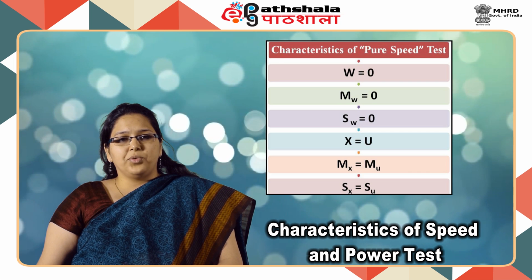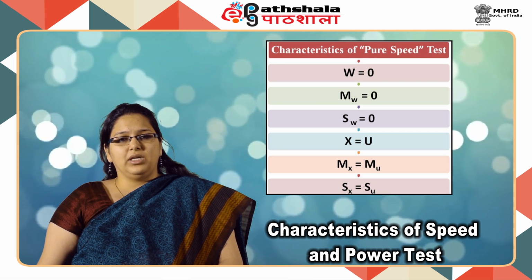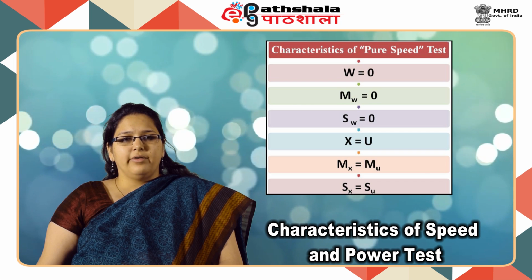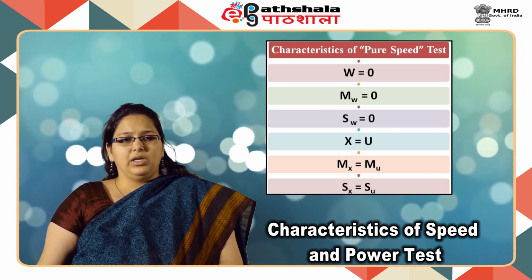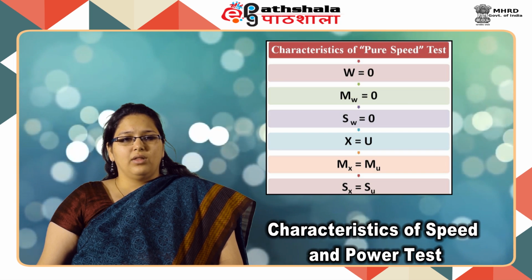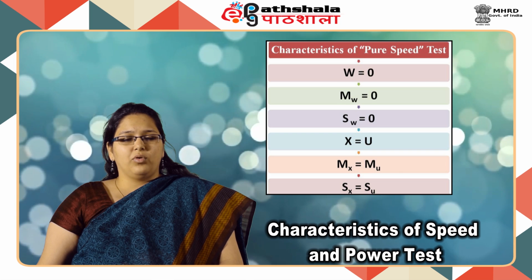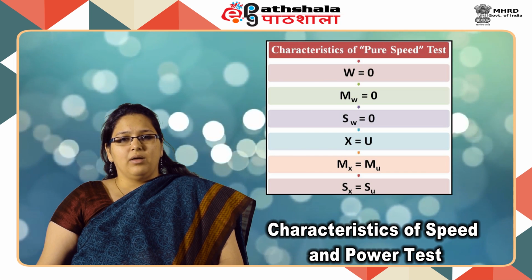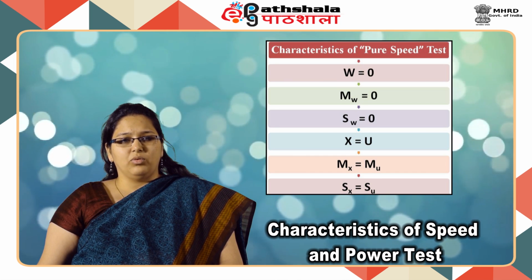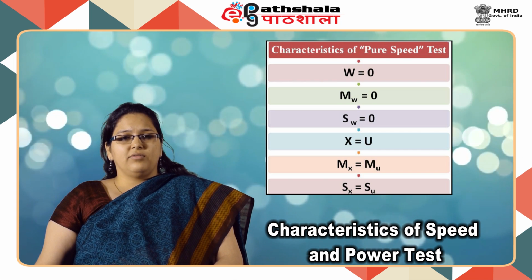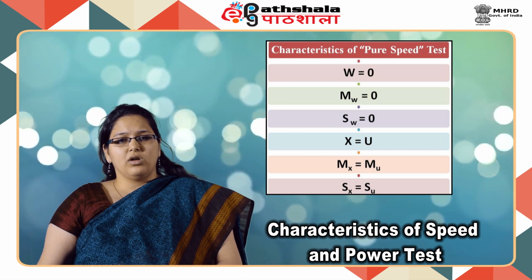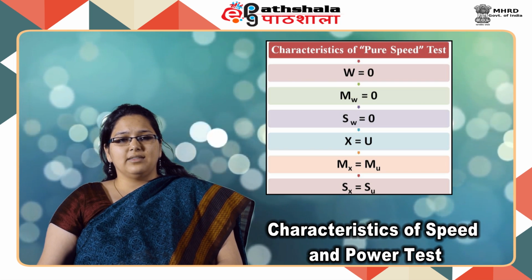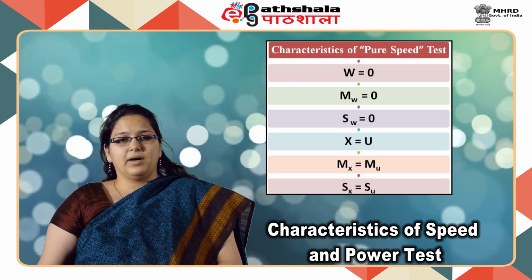Any test may approach a pure speed test to an extent that the mean and standard deviation of W, that is MW and SW, respectively approach 0 and the mean and the standard deviation of U, that is Mu and Su, approach the mean and standard deviation of the total number of errors, that is M of W plus U and S of W plus U. As the speed factor of a test highlights the determination of the test score, it increases the odd-even method of the split half reliability, and hence this method is primarily used for part tests.